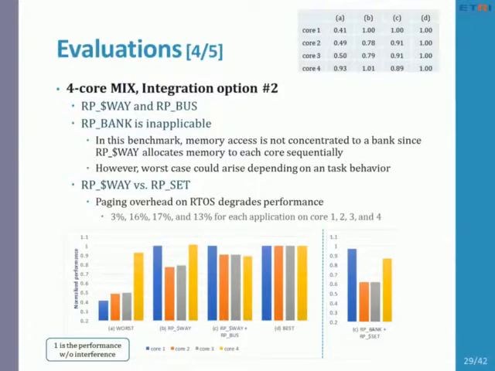So if you compare these two graphs, you can see there is a difference in performance. There is a 3%, 16%, 70%, and 13% performance degradation due to the paging. So you can see the paging overhead by comparing these two graphs.